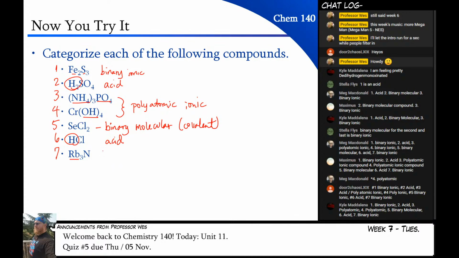And then number 7, we got rubidium. Rubidium's a metal, so that makes it binary ionic. There you go. That's how we categorize elements. Or not elements, I'm sorry. How we categorize compounds. Any questions, let me know.